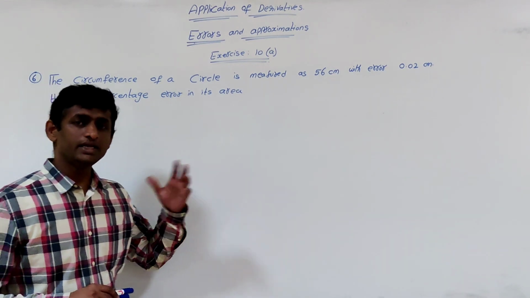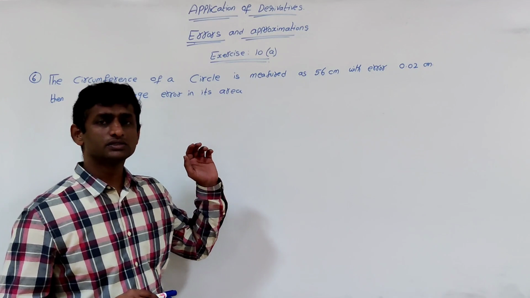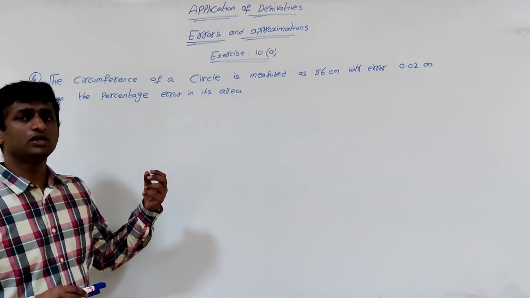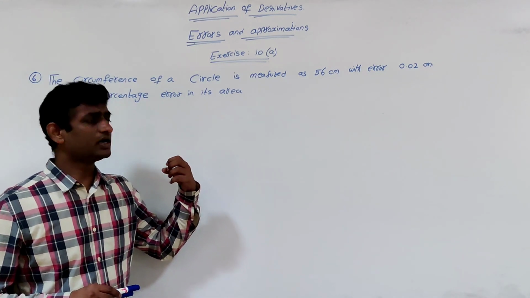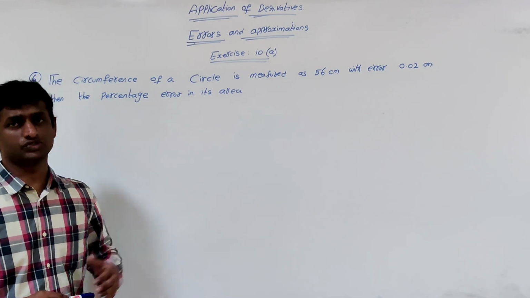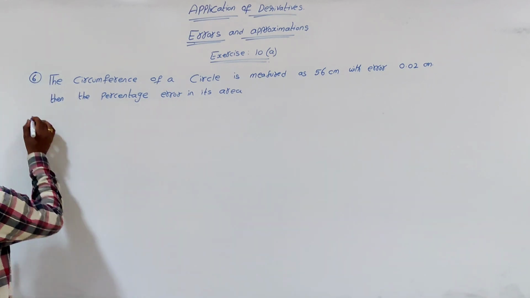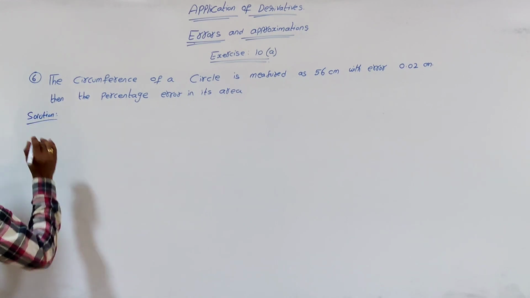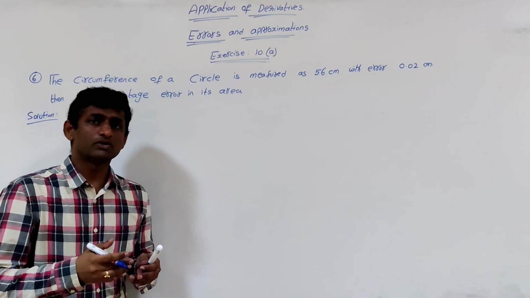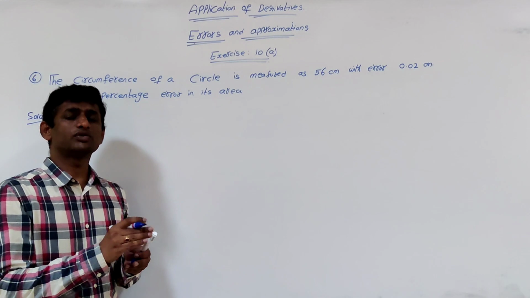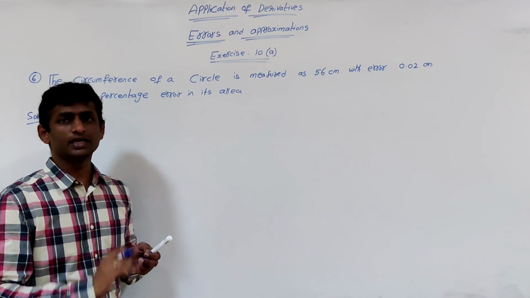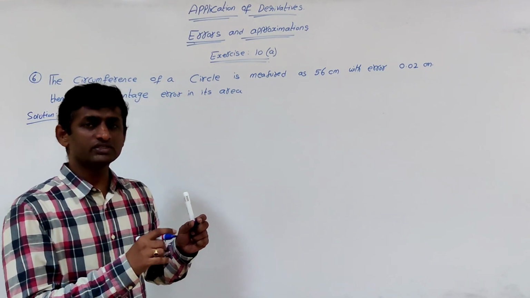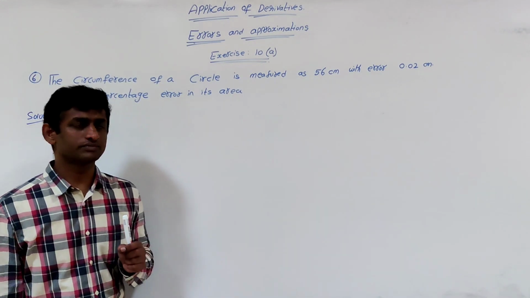Means instead of the radius, he has given the perimeter or circumference of a circle and is asking to find how much there will be a change in its area, in percentage. So, solution. He has not mentioned what the radius is, so we have to convert the radius in terms of the circumference as well as area. Means we have to bring a relation between the area of a circle and the circumference of a circle.